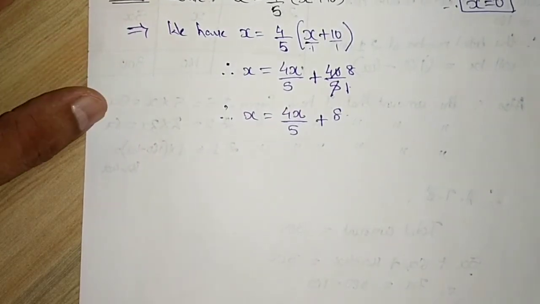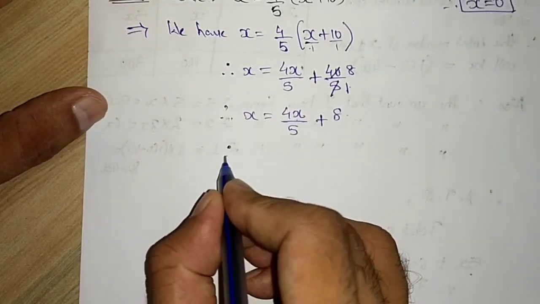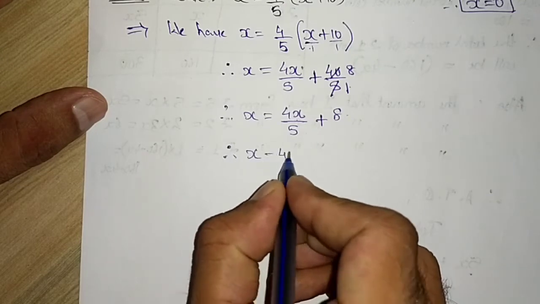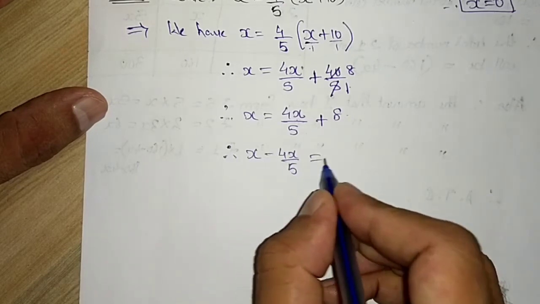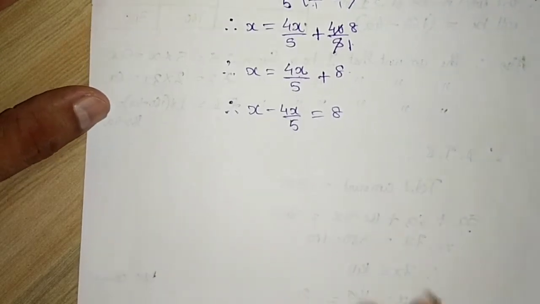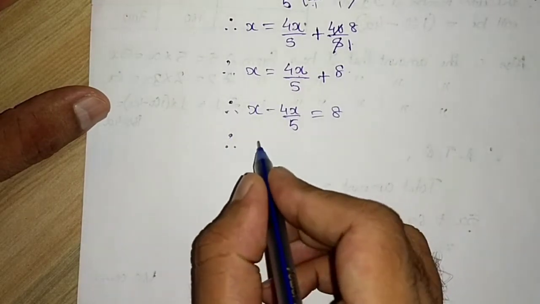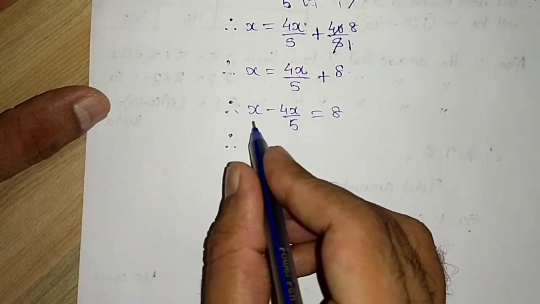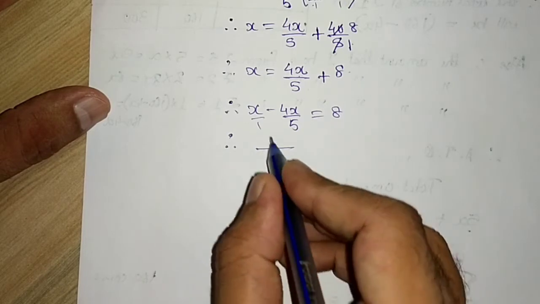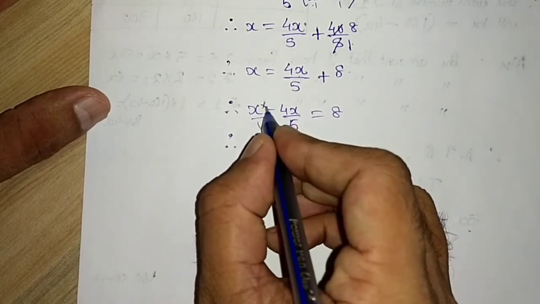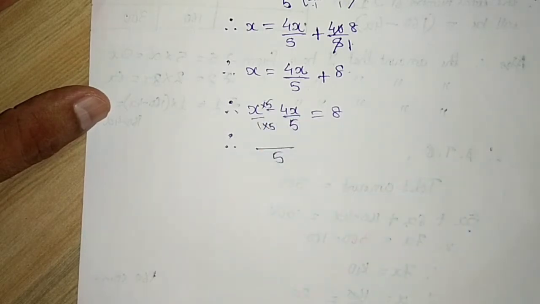I will take 4x divided by 5 to this side, it will become minus 4x divided by 5 and 8 will remain as it is. Now I will take LCM, LCM will be 5. Here to make 5 I will multiply by 5, so above also I will multiply by 5.